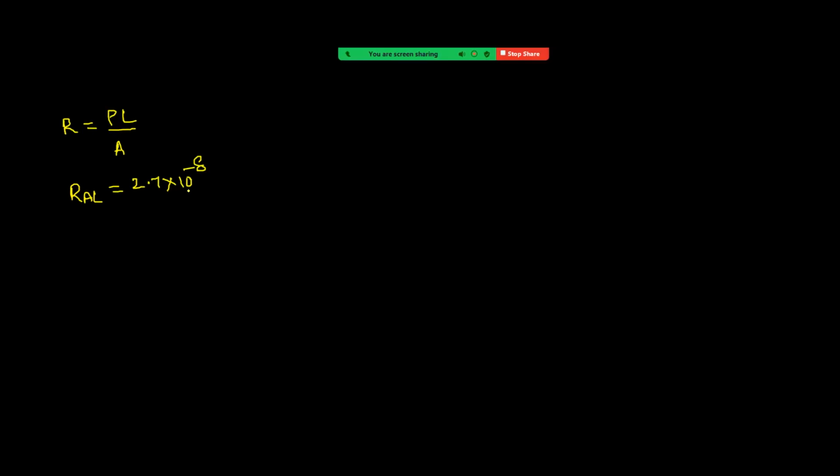Coming to its length, length is given as 50 mm. It is 50 mm means 10 power minus 3, in rho L by A. Coming to A value, you have to see carefully. We are making a hole and inserting iron into that hole, right? That means we have to focus now only on the remaining area, right? And that remaining area will be, it is given square cross section.